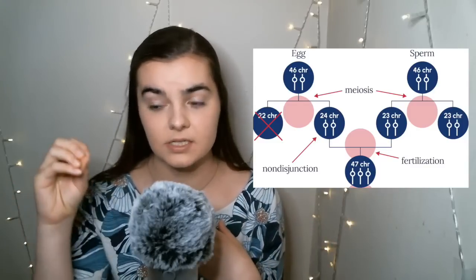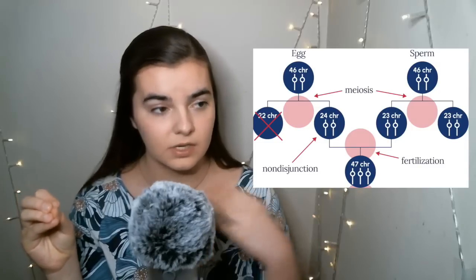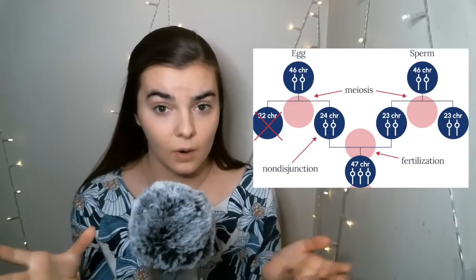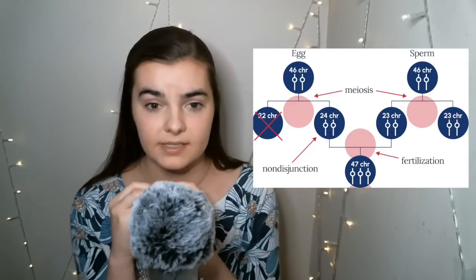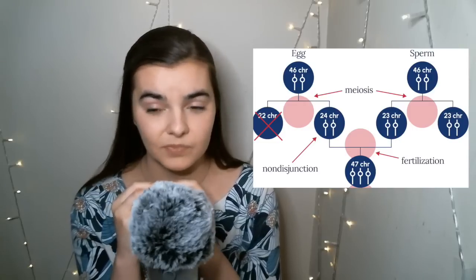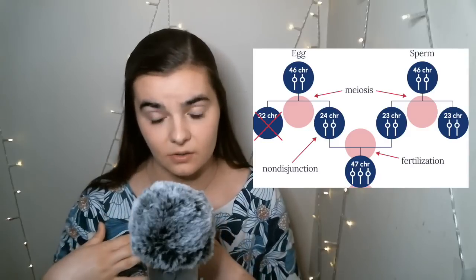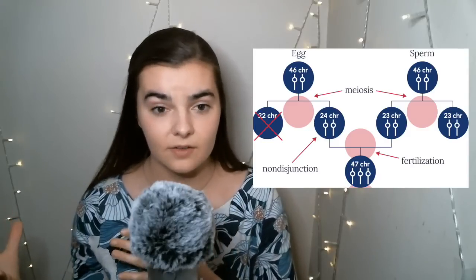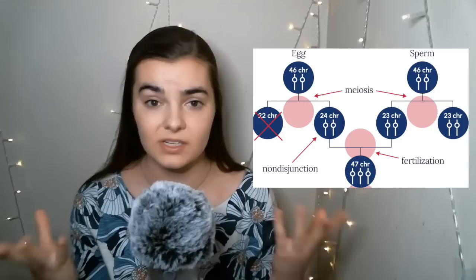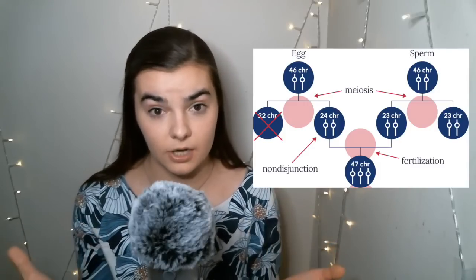So if it is the egg cell that gets 2 of one of the chromosomes, and then it fuses with a sperm that got the normal 1 chromosome, the zygote has 3 of that specific chromosome, and that has a lot of impact on the zygote, because having 47 rather than 46, or 45 rather than 46 chromosomes, is going to have a huge genetic impact on that child.